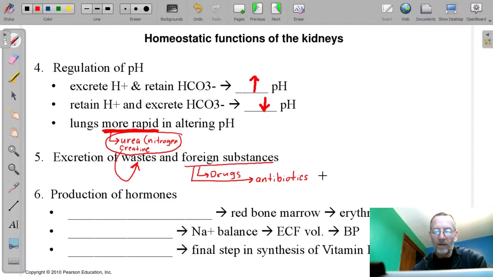And then a couple of hormones that are produced in the kidney. So I left the blanks here for you to practice filling them in. So we're talking about hormones that are produced in the kidneys.